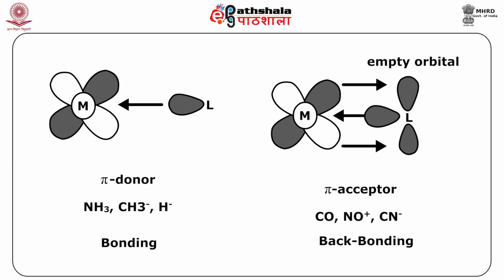Thus, here we will consider a class of ligands that are pi acceptors, since they can accept electrons in their available orbitals, which is termed pi back bonding. The concept is represented in the figure. For such ligands, the normal bonding along with the back bonding also takes place.